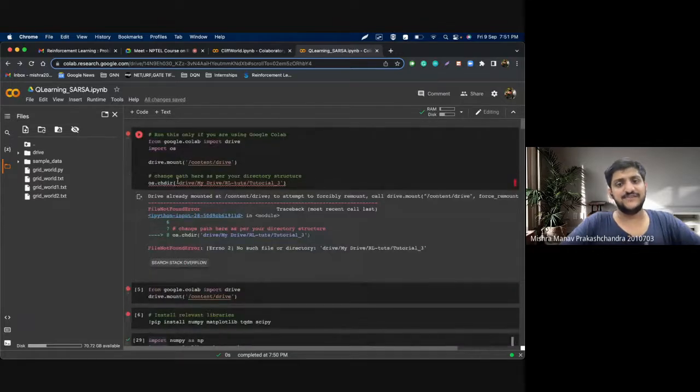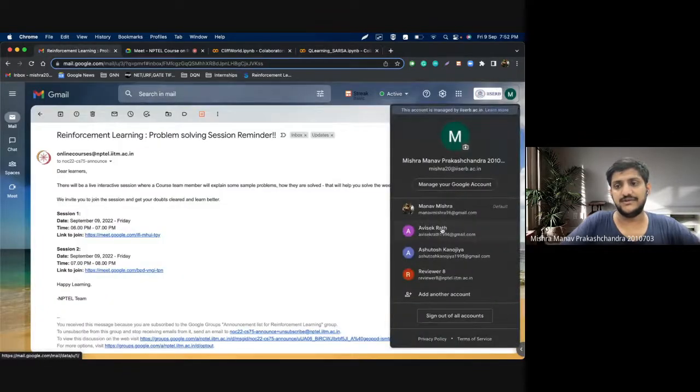When you go here, you have to load these files into your drive folder. I'll upload a folder known as tutorial 3. You just download that folder and upload it to your Google Drive, and then give the correct path. In my drive, I have a folder named RL Totes, and inside that I have tutorial 3.